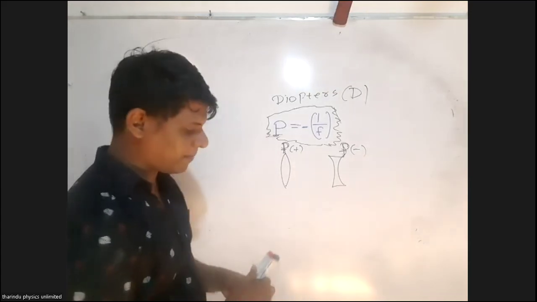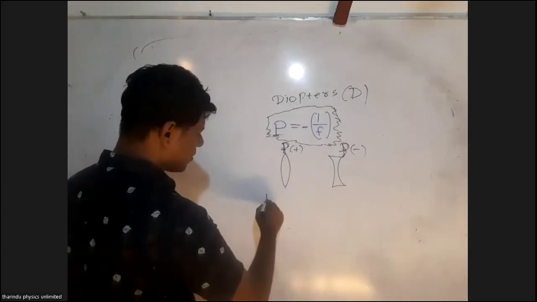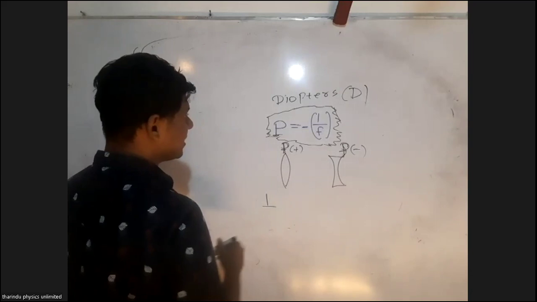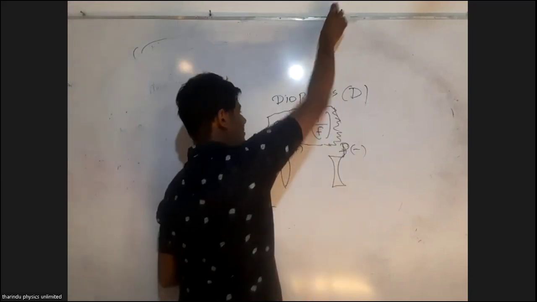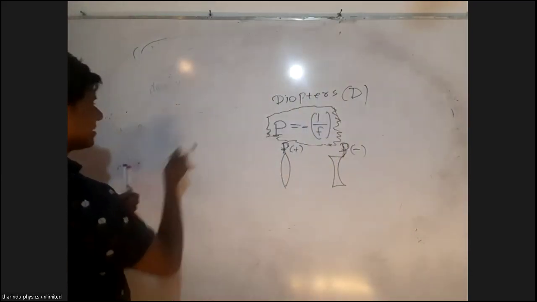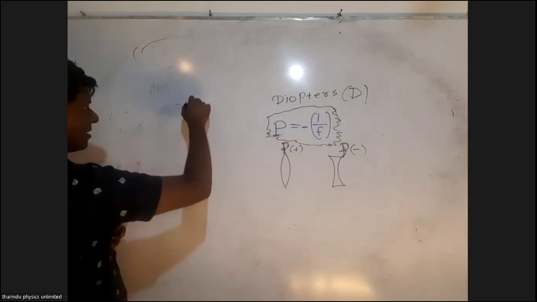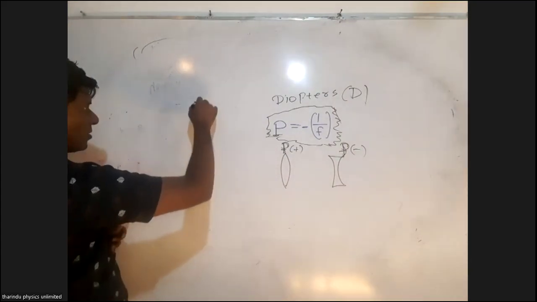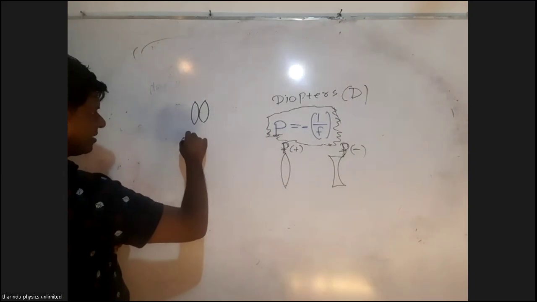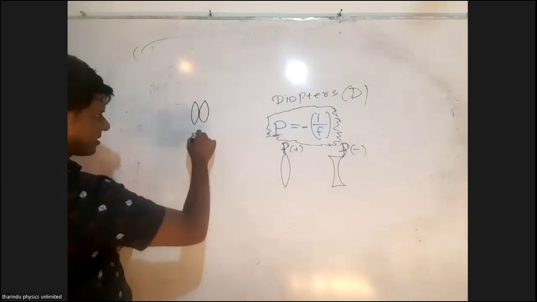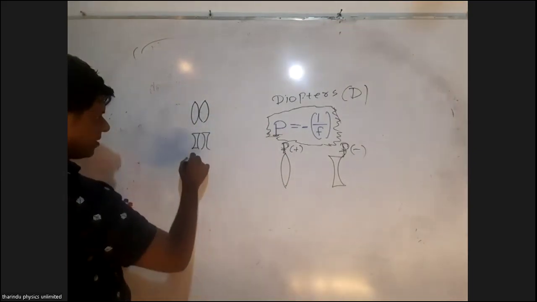As you remember, we had a certain equation for lenses in contact. Can you remember this? When you take two lenses in contact, two convex, two concave, or one convex and one concave.